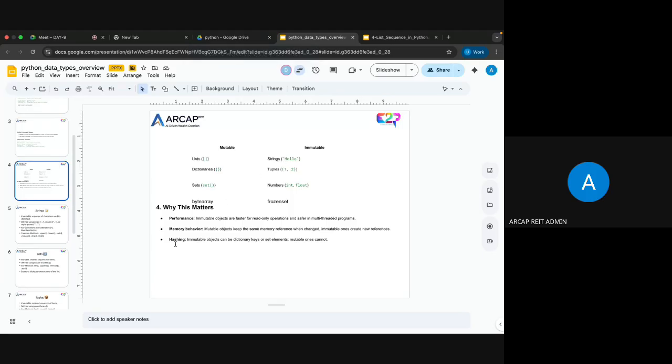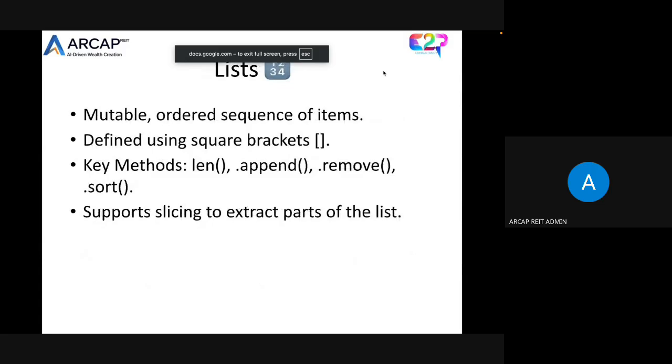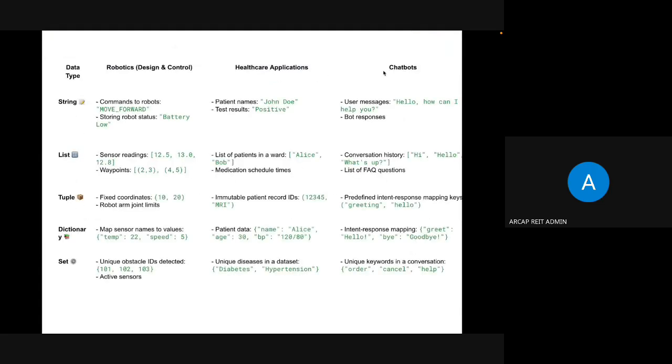And again I'm going back to the industry or implementation. Whenever you're doing a process, you should know at a particular time when you're loading the data, which data type should be used over there and why. Why are you using the dictionary instead of list?